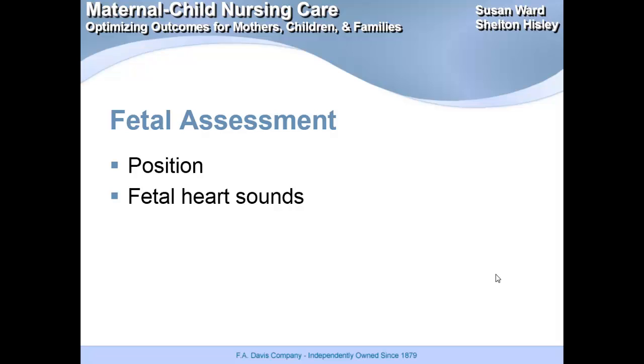You can use vaginal examination and ultrasound.